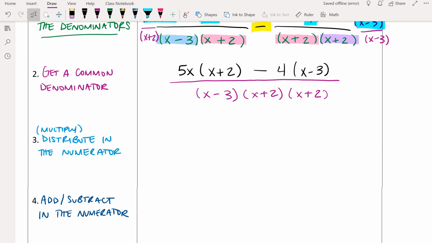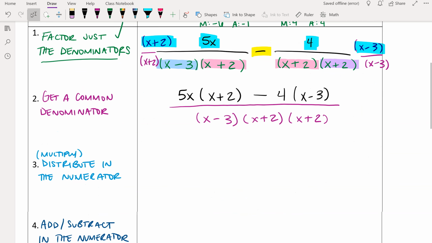Let's move on. Now we are going to multiply or distribute. We're on step 3. Multiply or distribute in the numerator. So in the numerator, I need to distribute this 5x, and then I need to distribute this negative 4. So let's start with the 5x.